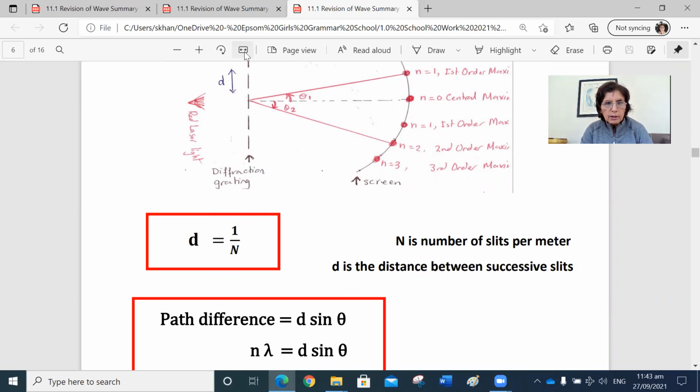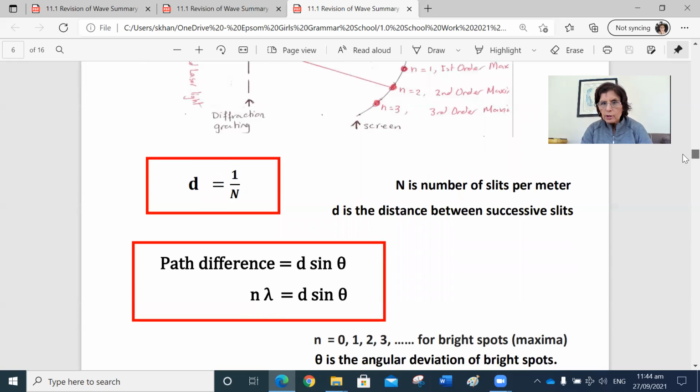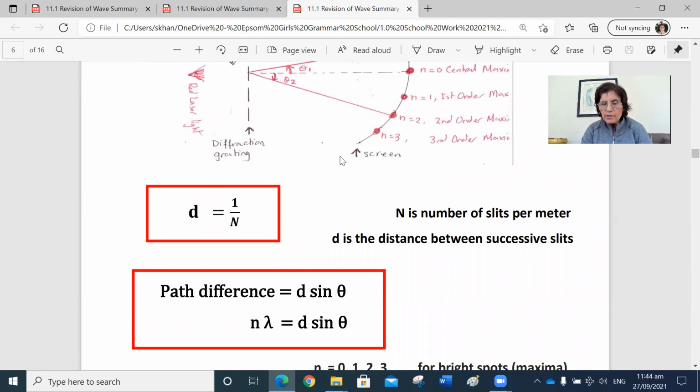Now, if the number of slits per meter is N, then the distance between the slits will be 1 over N. And path difference is equal to d sine theta, or n lambda is equal to d sine theta. So n is used from this diagram. Depending on what angle you're measuring, you will have to use the appropriate value of n.